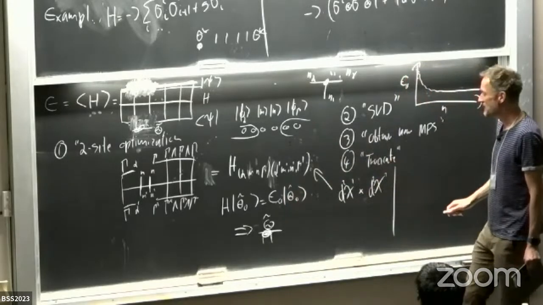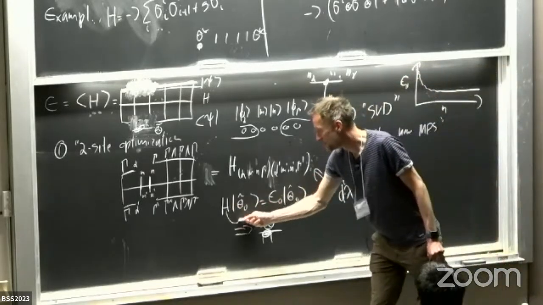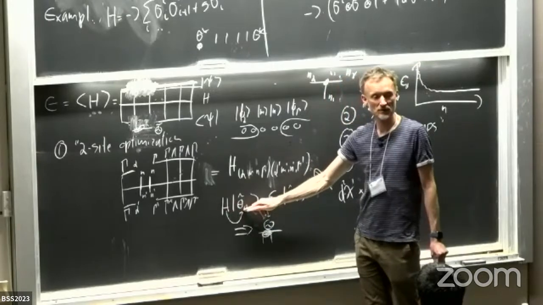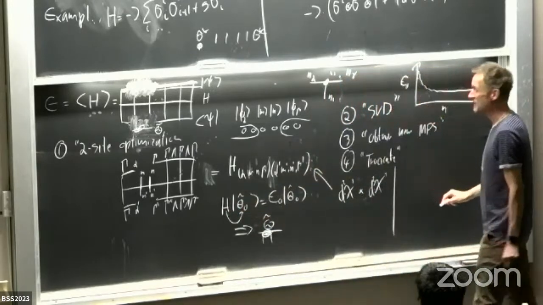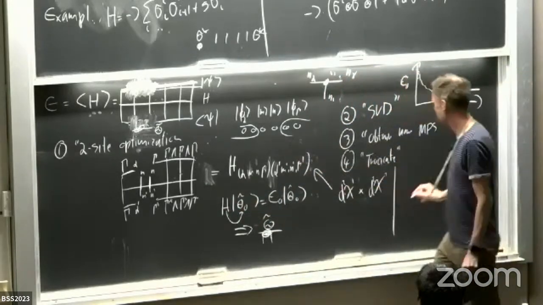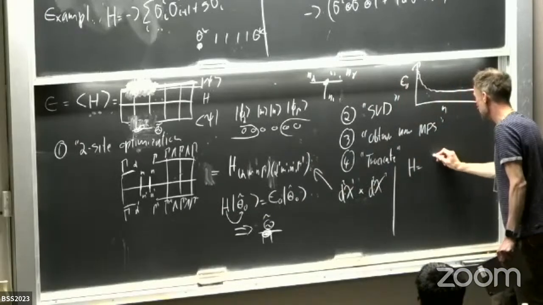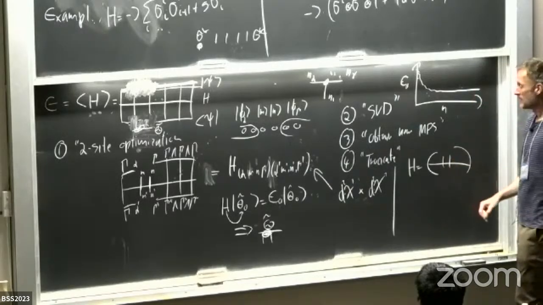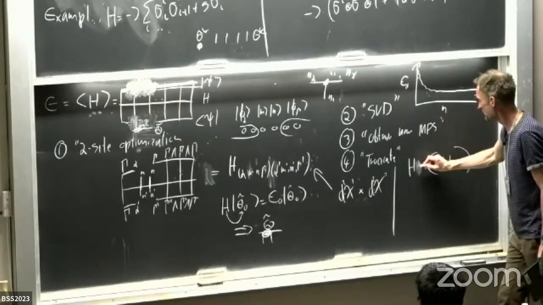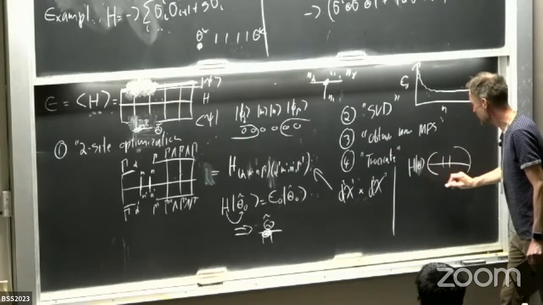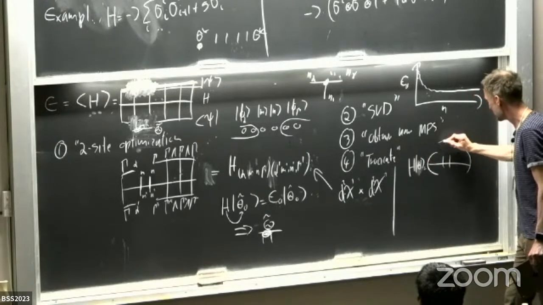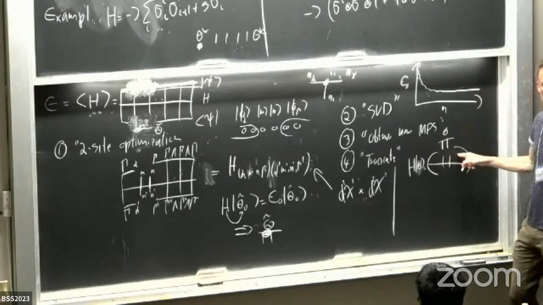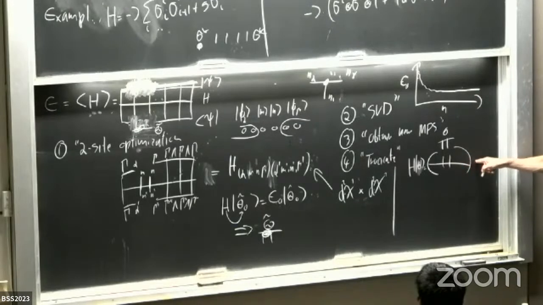All we need is to know how to multiply the Hamiltonian onto a state, and this can be done easily because the Hamiltonian has this form here. Now you apply the Hamiltonian to some theta. Then you have here your theta, and you need to apply the Hamiltonian to it.